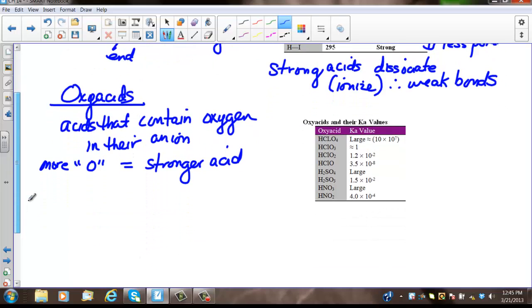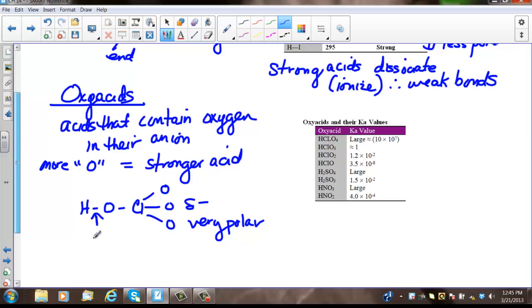Now I want to use an example to explain this. If we look at HClO4, it looks like this. You have all these O's on one side that's going to make this very negative and very polar, which means that this bond right here between this H and O is going to be a very weak bond. So you can see that the more oxygens you have, the more polar something is, the stronger it is.